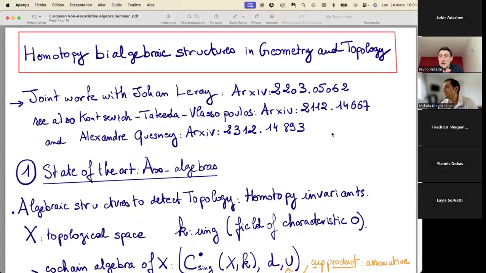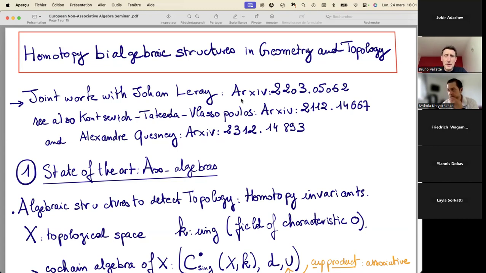Okay. So the idea is to cover a new trend in the study of homotopy algebraic structures in topology, geometry. I could put more algebra, computer science, but let's be modest so far.